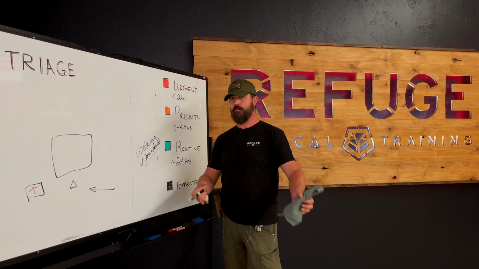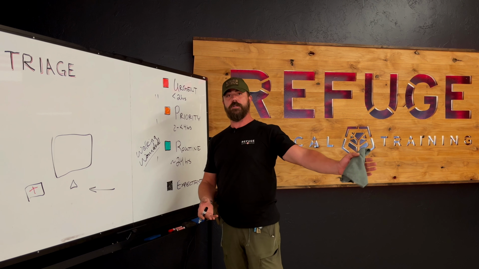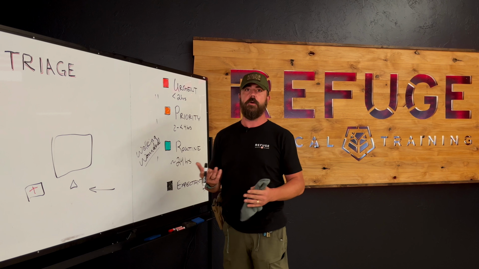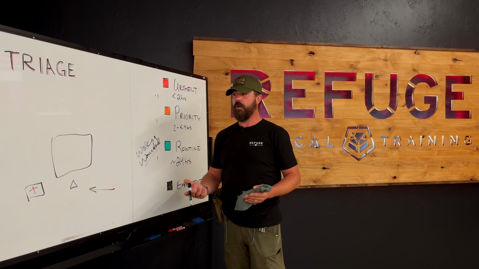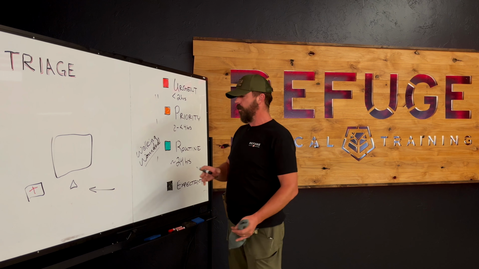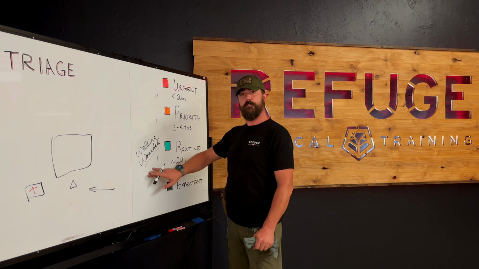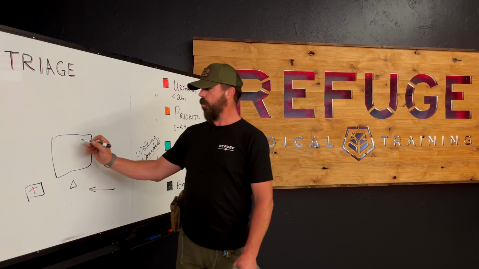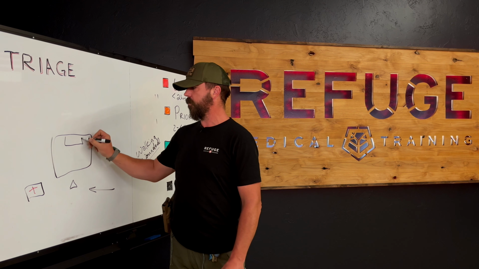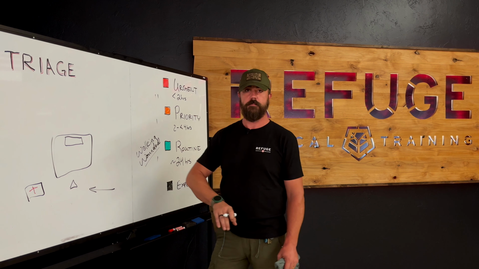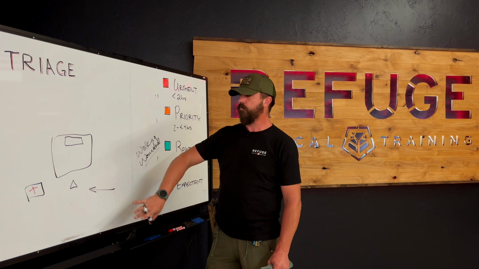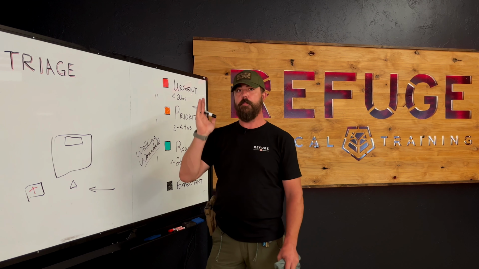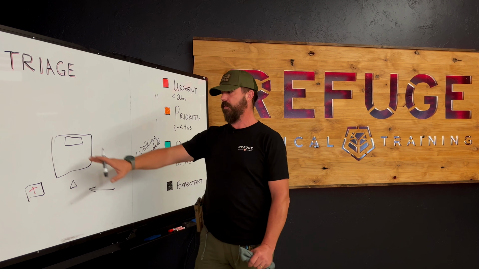If they're able to extricate themselves from whatever the situation is, get up and walk towards you, you obviously have to look them over and make sure they don't have any obvious signs of injury, because that can happen. But typically, those are going to be relatively minor injuries if they're able to make their way to you. They're going to go to this furthest spot in the CCP, right? And that's going to be for a number of reasons, but basically, if they're able to walk, then keep them walking and move them back there.